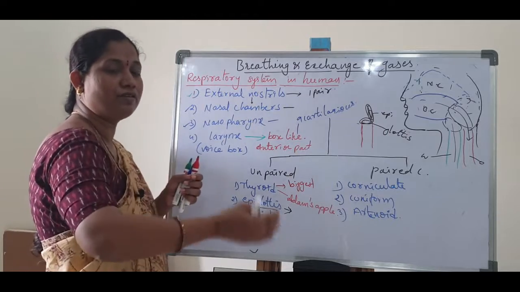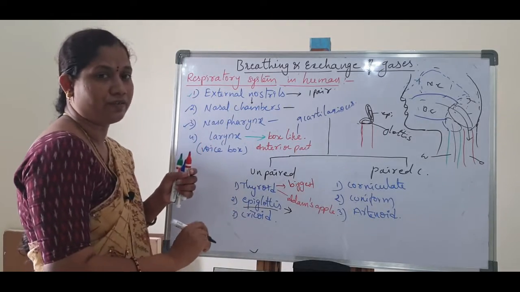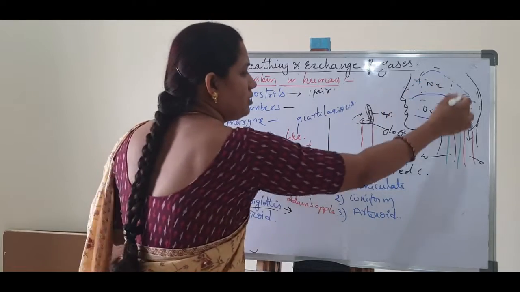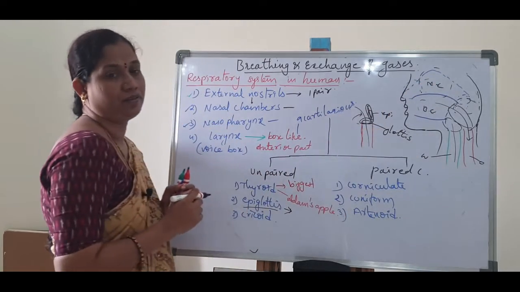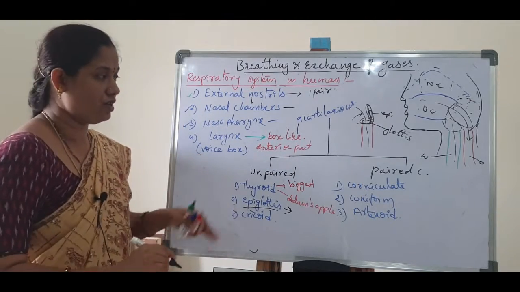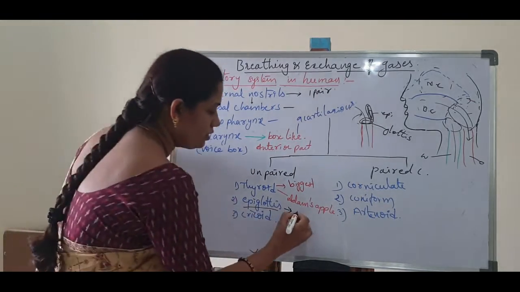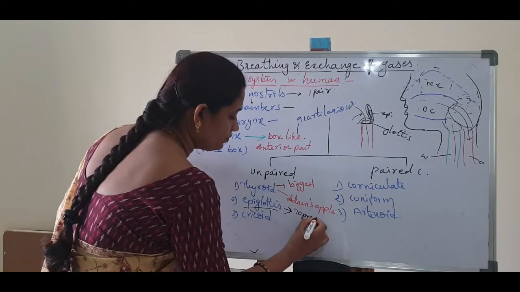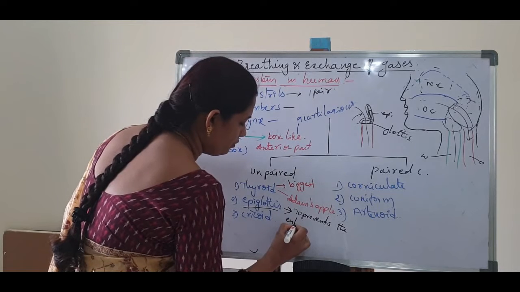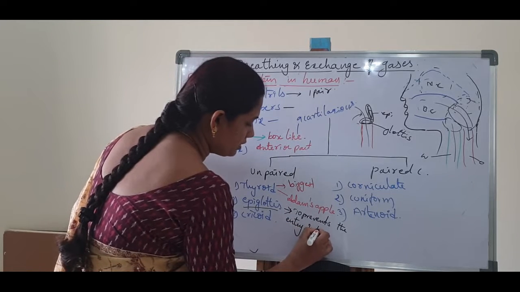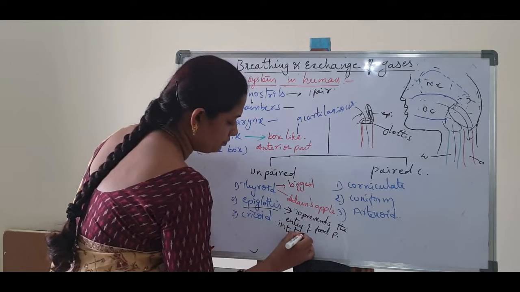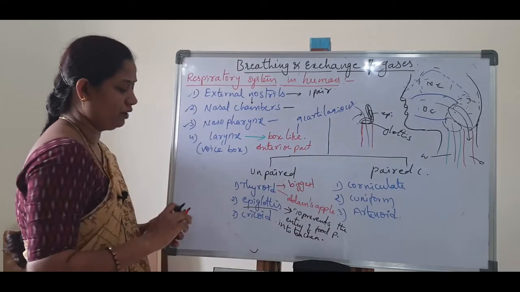As a result, food easily passes into the esophagus. After that, it opens up, and then air passes into the trachea. So the function of the epiglottis is to prevent the entry of food particles into the trachea.